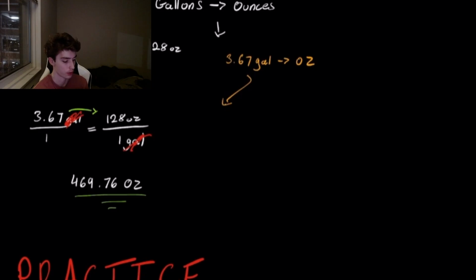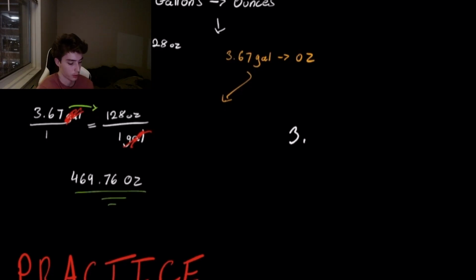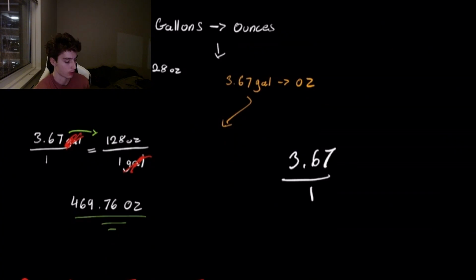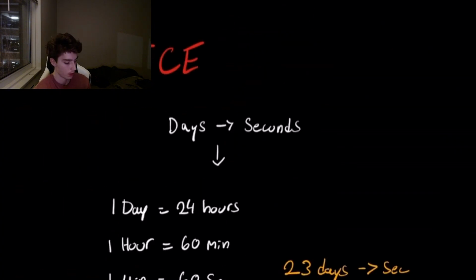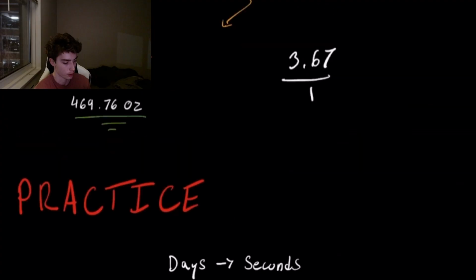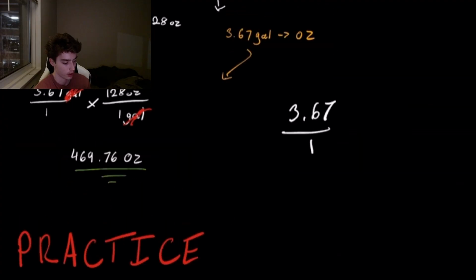So if I wanted to do 3.67 over 1, because that's how I like to write it, and then I would do 3.67 over 1 times 1 gallon. Let's make sure we label everything. Over 128 ounces, right?